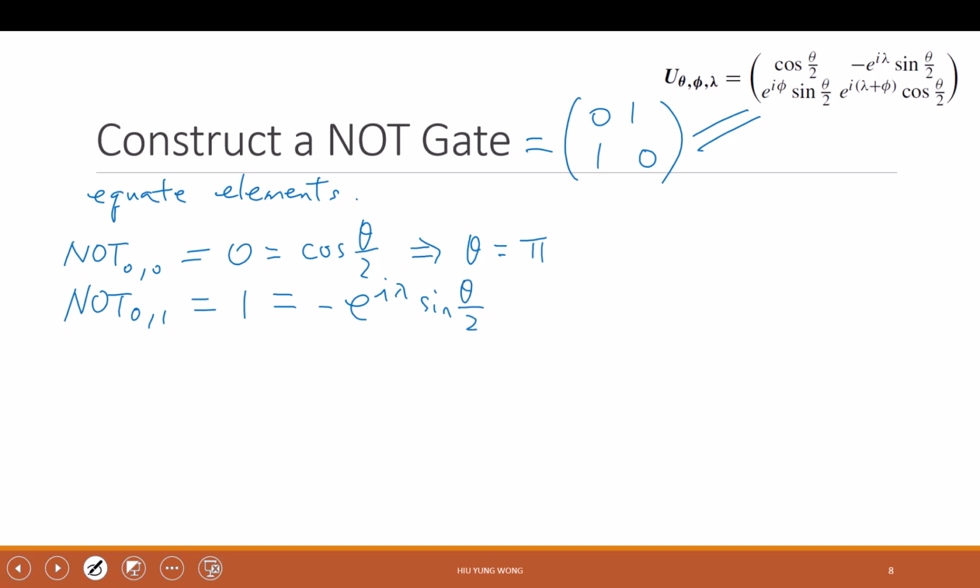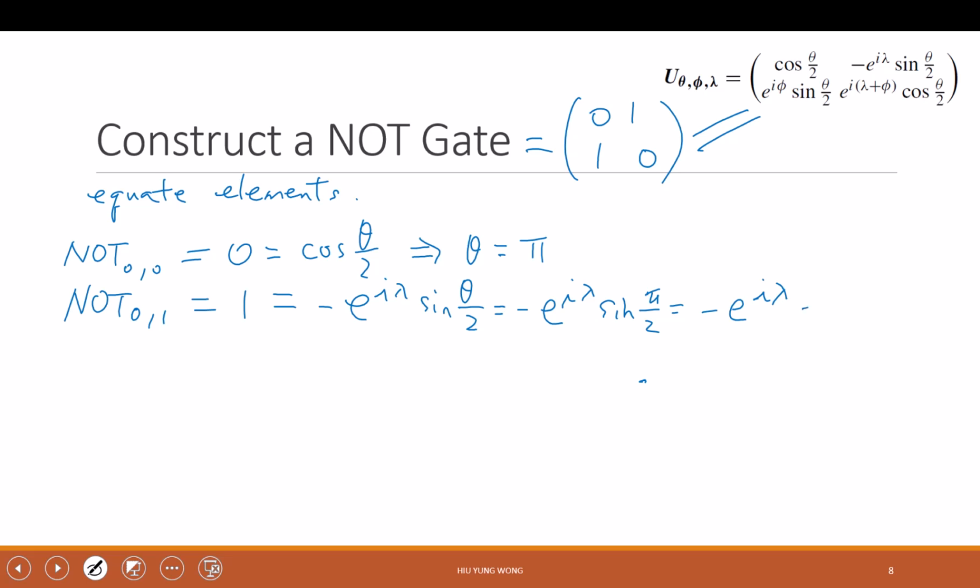We fixed theta already: pi. So what is sine pi divided by 2? 1. So 1 equals negative e to the power i lambda.